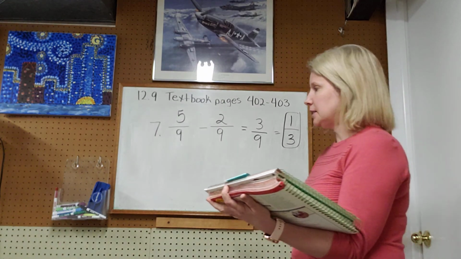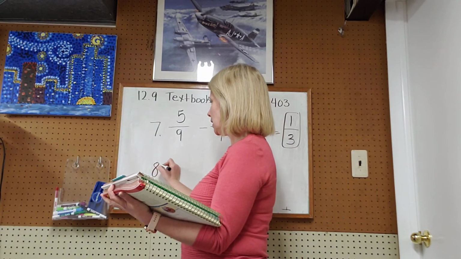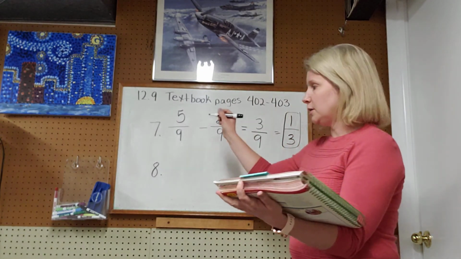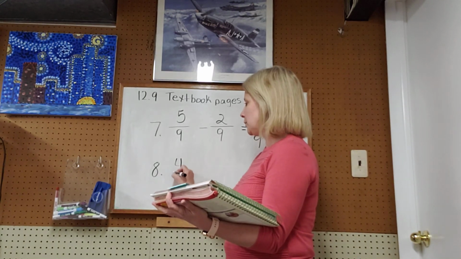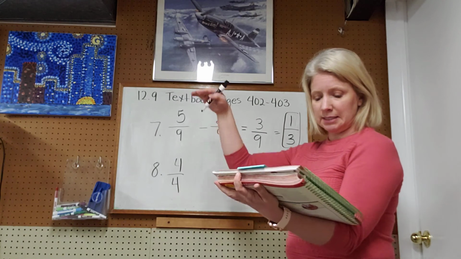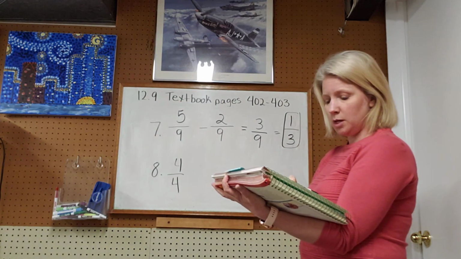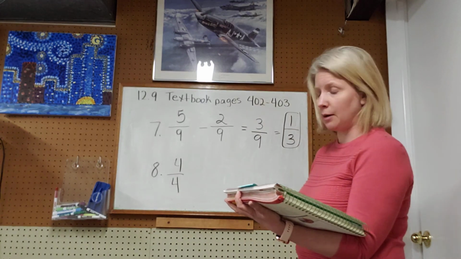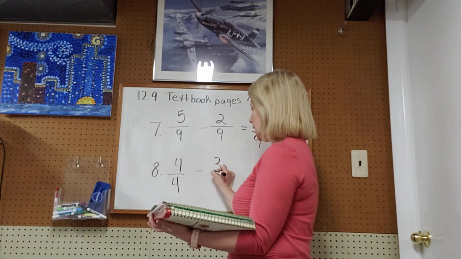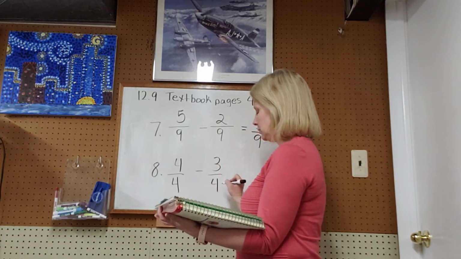Number 8. This is a number line. You had to do it on there. So you should have started with 4/4 because that's where you started on the number line. And then you see it skip backwards. You see 1, 2, 3 times it skipped backwards. So it skipped back minus 3 of the fourths.